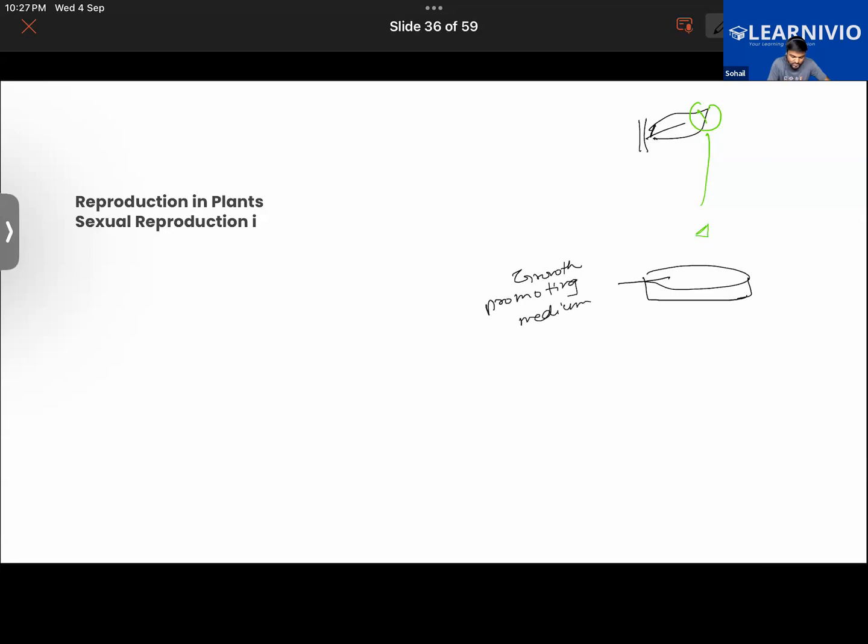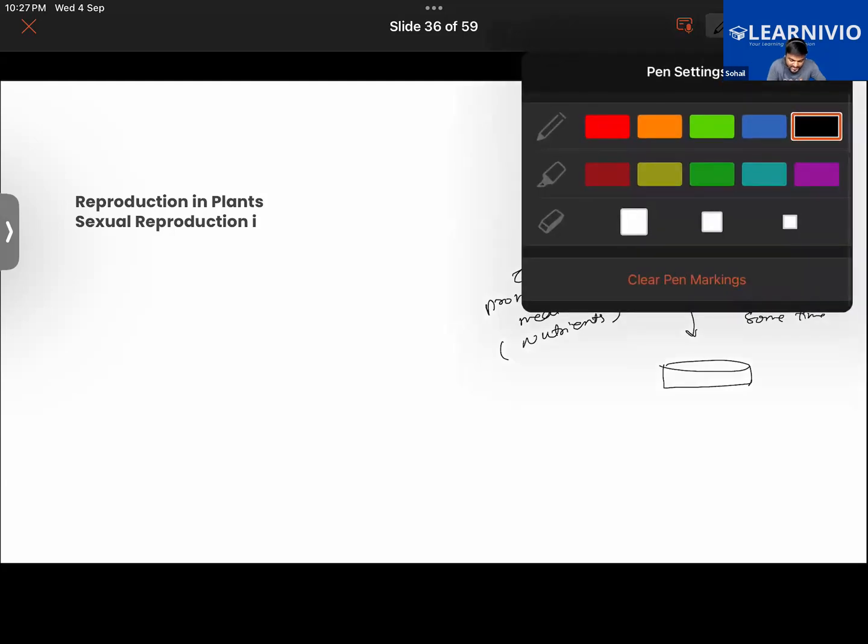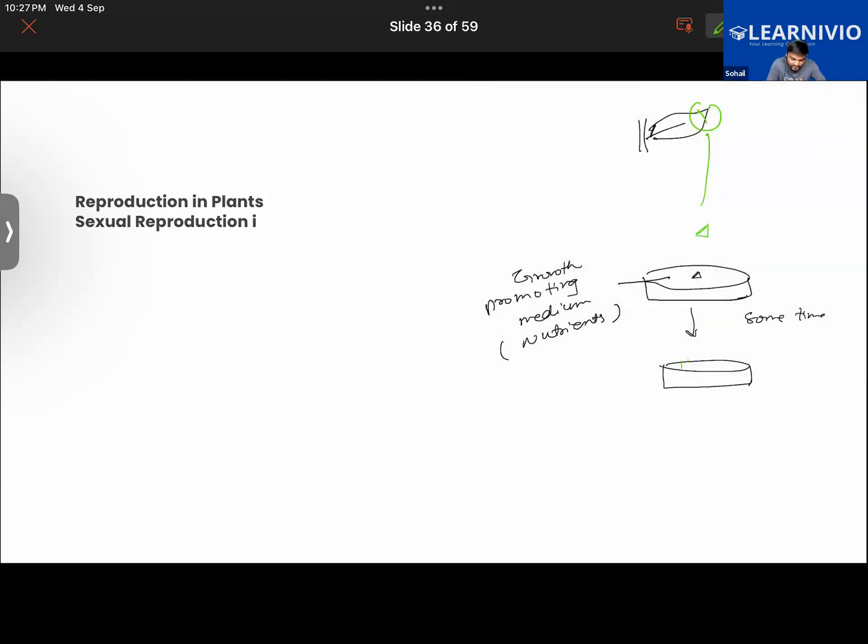That growth-promoting medium contains all the necessary nutrients that will help it grow further. After some time, tiny plantlets will start to grow out of it.